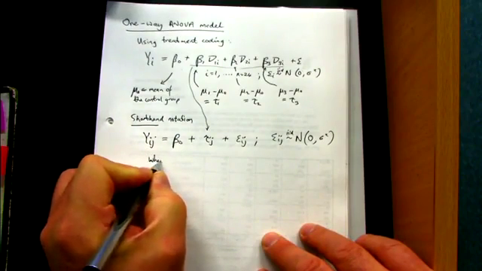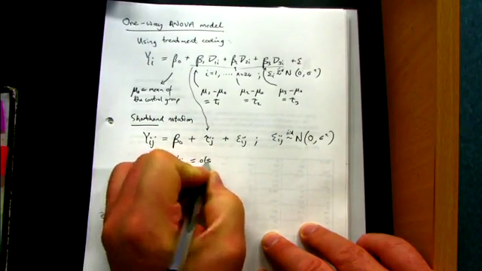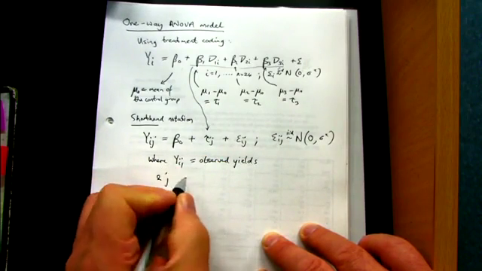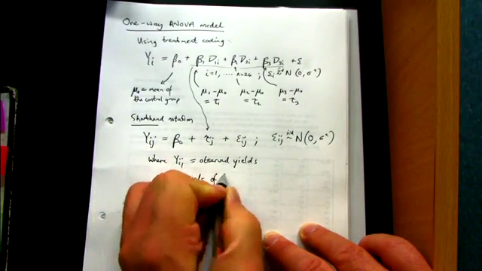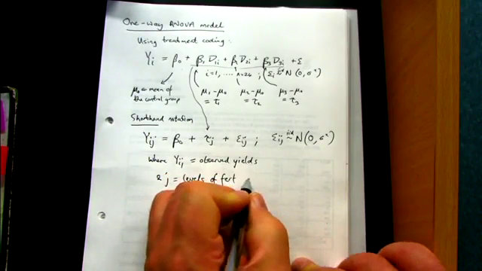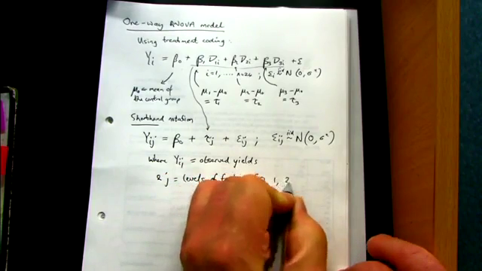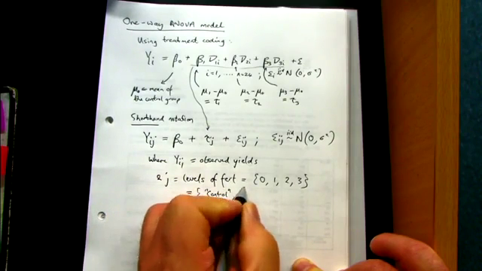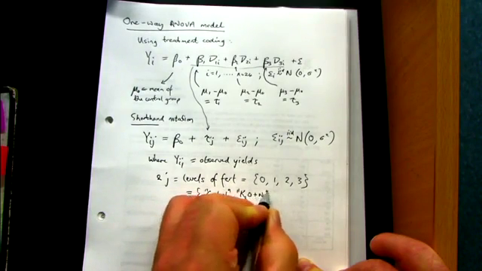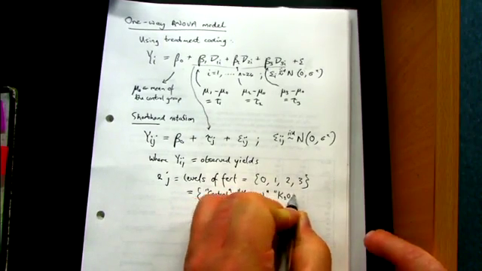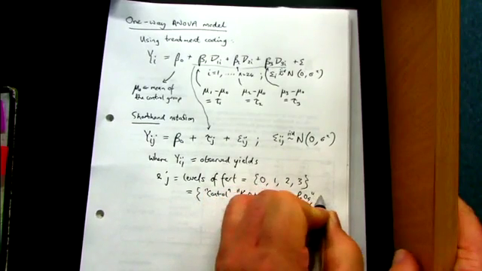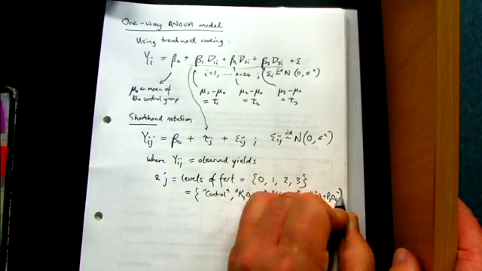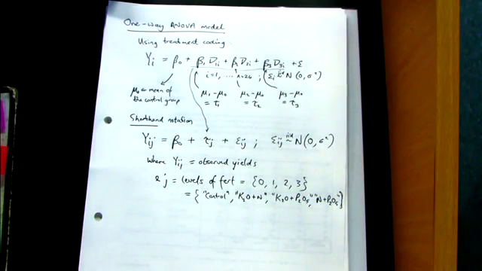Well, where Yij equals observed yield, the observed yields, and J equals the levels of our FERT, which is basically, I'm going to call them 0, 1, 2, 3, because really, okay, so really there are four different categories.